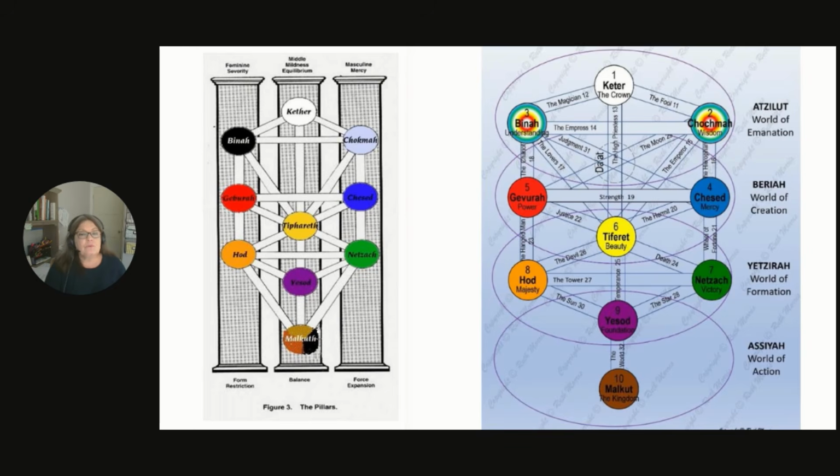We'll hear in next week's teaching how the bottom 7, the red, blue, yellow, orange, green, purple, and brown, black, multicolored sephirah, they correspond to the 7 living stones that are the makeup of man. I believe that's what they are from the Bible. So we'll talk about that next time.